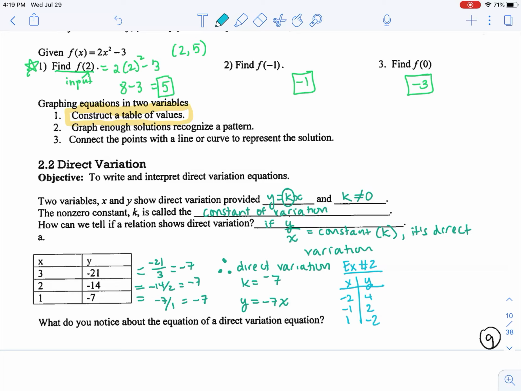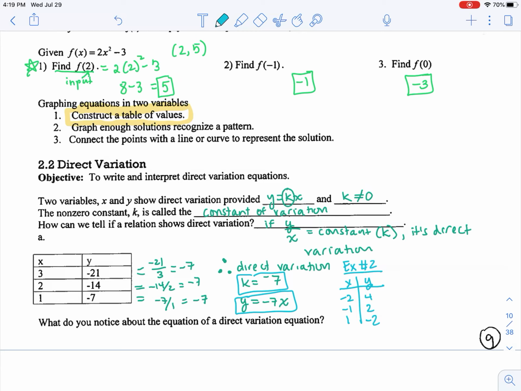Fill in the blank what the constant of variation is, play pause it, and then also what your direct variation equation is. Like in the previous example, k equals -7 was the constant. This was the equation. I will grade that to see if you get the idea behind it. If you're having trouble with it, feel free to email me.